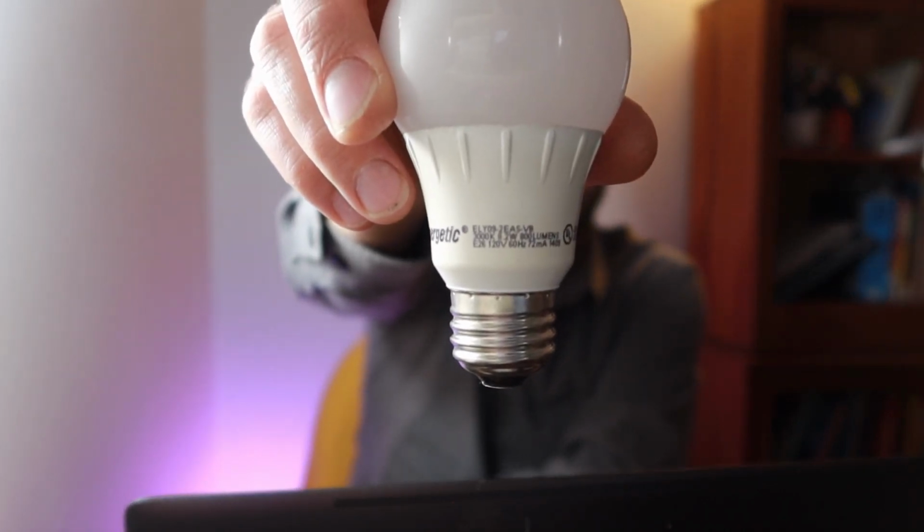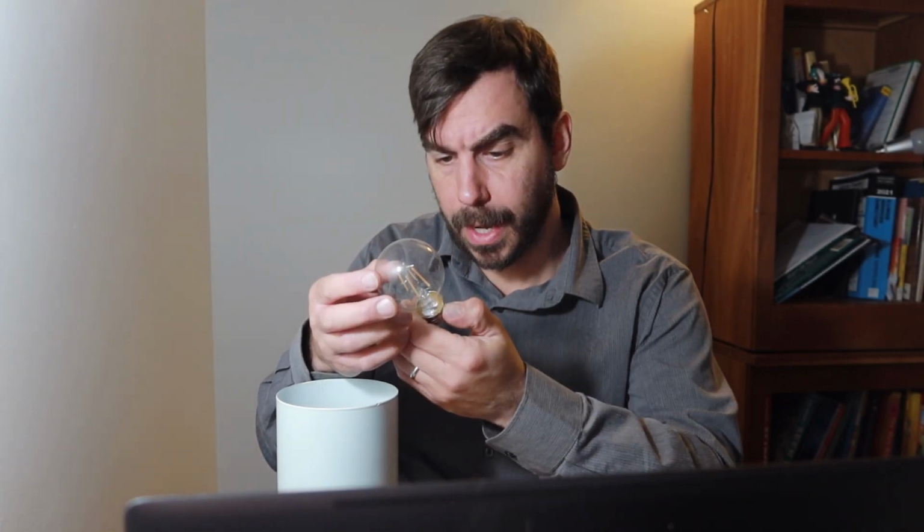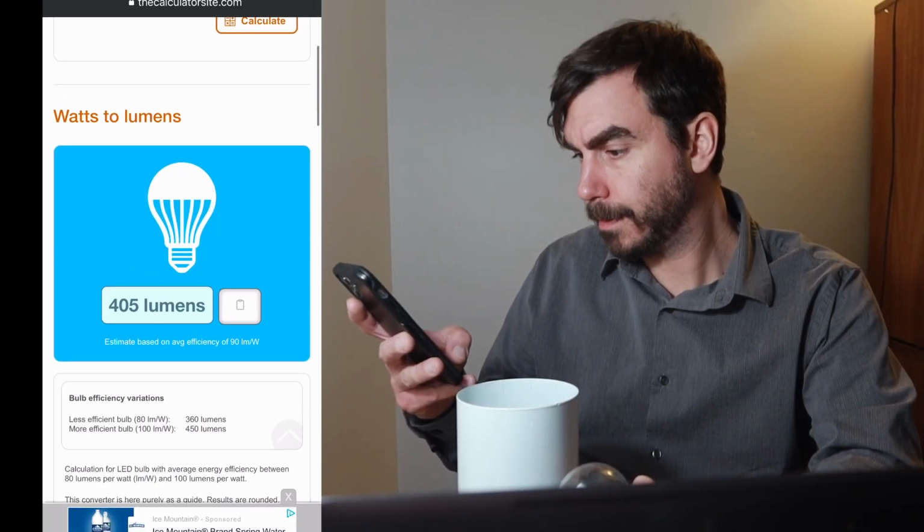Lumens. What are lumens? I don't know officially, but it's like the measure of light, like how many lumens. Everyone's probably gonna be freaking out, like, why are you touching it with your bare hands? What are you doing? 4.5 watts. Hey Siri, what's 4.5 watts converted to lumens? Okay, I found this on the web for what's 4.5 W converted to.